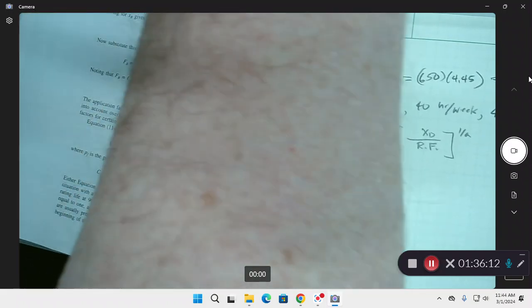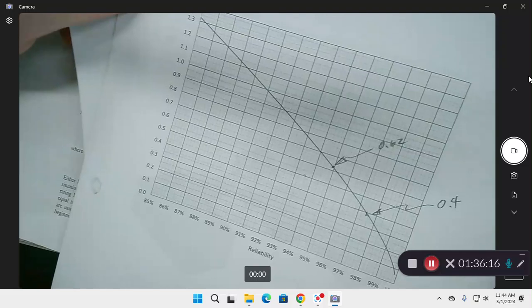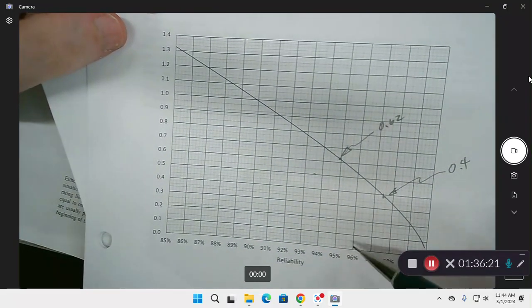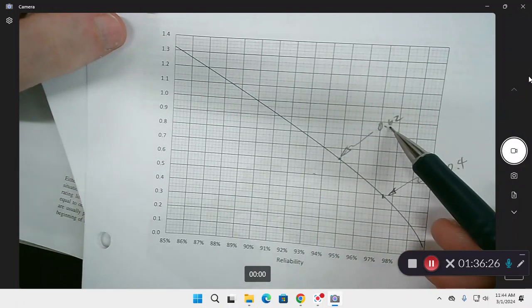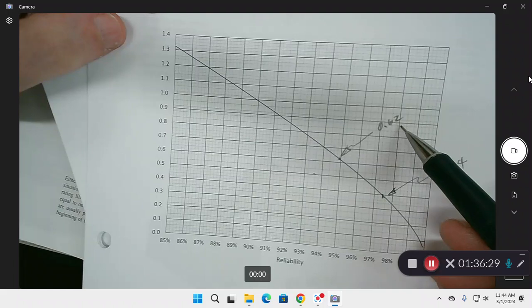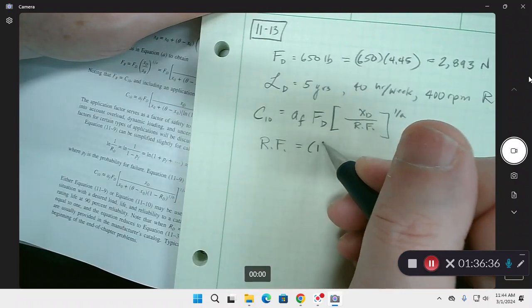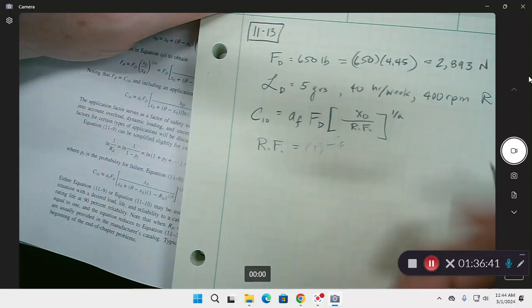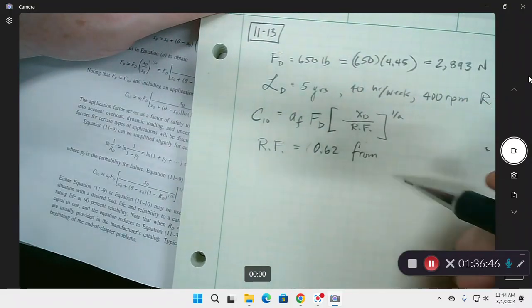Here is the reliability factor that we would get if we had 95. Oh, look, I already did it. I'm estimating that to be 0.62 from the graph.